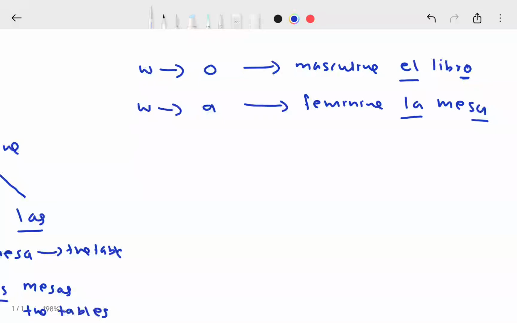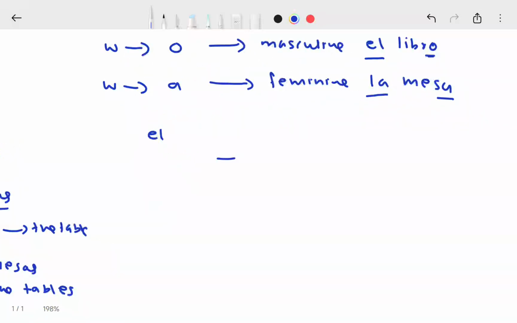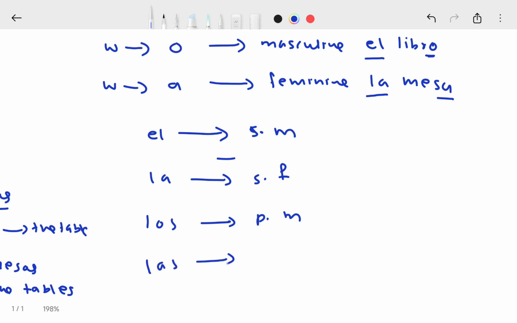So in general, el is used for the singular masculine, la is used for the singular feminine, los is used for the plural masculine, and las is used for the plural feminine.